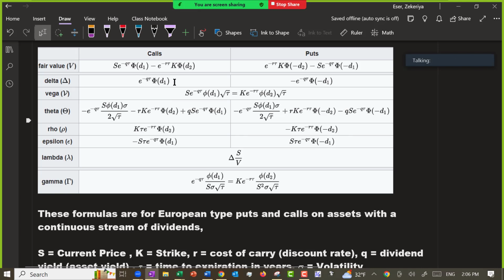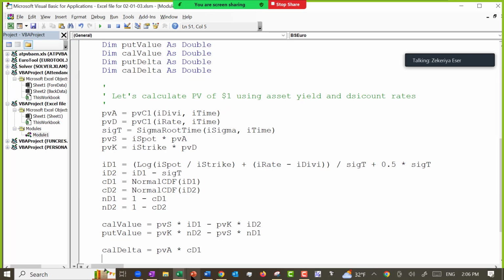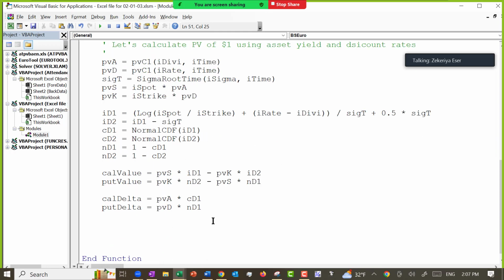The other one is negative of PVD and N of ND1. Okay. Remember, ND1 is 1 minus the cumulative of normal distribution at D1 or cumulative of normal distribution at negative D1. So we got the deltas done.